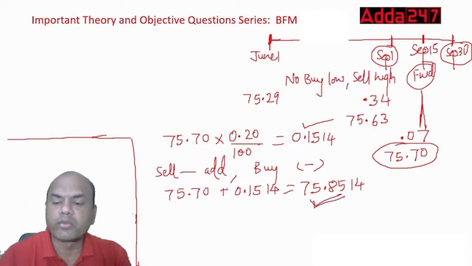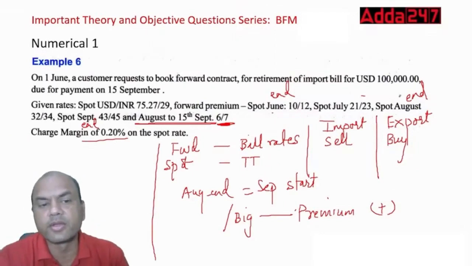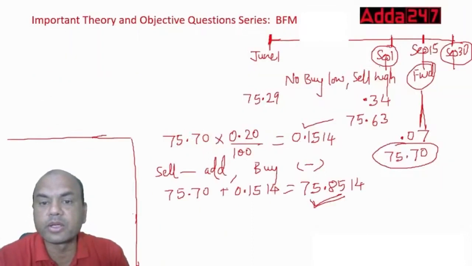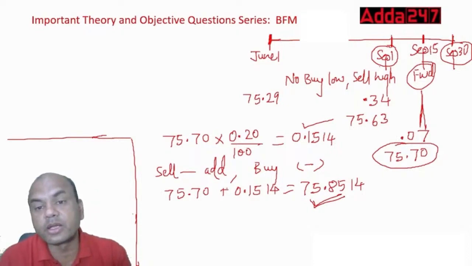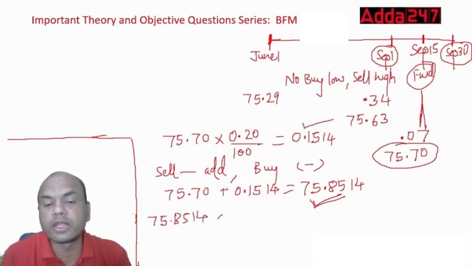But what do you mean by this rate? In this whole transaction, you have got the rate. This much amount you'll be debiting to the customer. See this 75.85, because $1 lakh is to be given. So what amount will you be debiting to that customer? 75.8514 into $1 lakh.